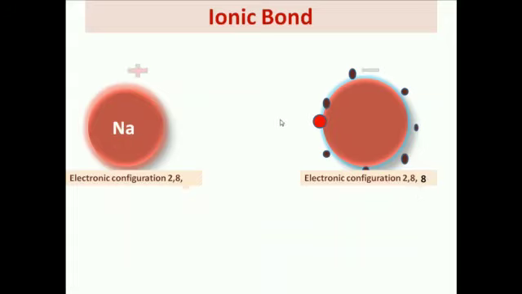Because of the loss of an electron, sodium develops a positive charge, and because of the gain of an electron, chlorine develops a negative charge. Here the electron is a negative species. If there is a loss of electron, there is development of positive charge on the atom, and if there is a gain of electron, which is a negative species, there is development of negative charge on that atom.